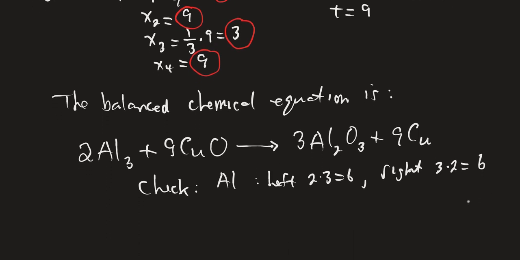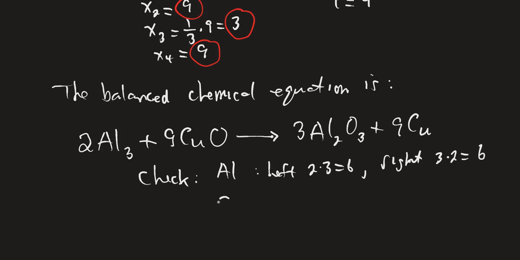Let's check the Cu. On the left side, that's where you have your reactants or your reagents, and then over here you have your product. So for Cu, we just have 9 there. And then on the right hand side, we also have 9 there.